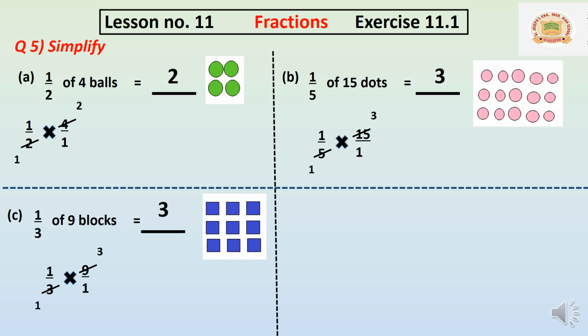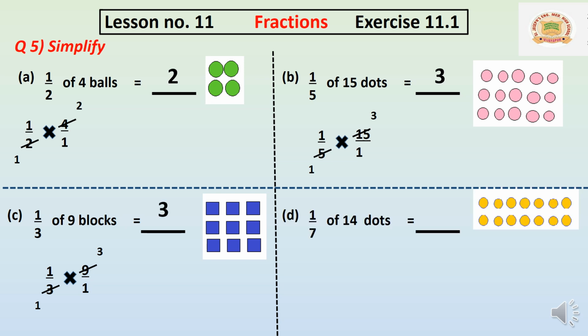So each of 3 persons will get 3 blocks. 1/7 of 14 dots. 7 ones are 7, 7 twos are 14. 2 is the answer. So that means 7 members will get 2 dots each.